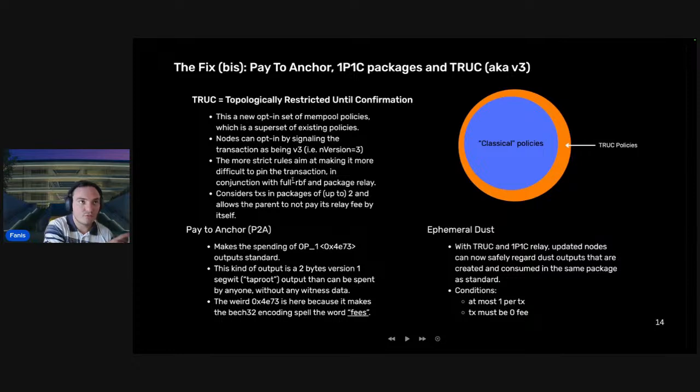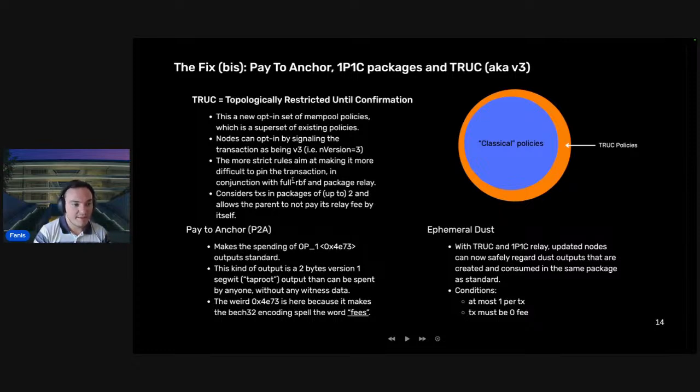So basically, we have an opt-in set of rules that are stricter than the current rules, which says that if you have a V3 transaction, it can have only one unconfirmed child, or if it is the child, it can have only one unconfirmed parent. So in other words, if you have a TRUC transaction, you can have only 2 linked V3 transactions that are unconfirmed at some point in time. And then you can consider them as a package when it comes to relaying the transactions.